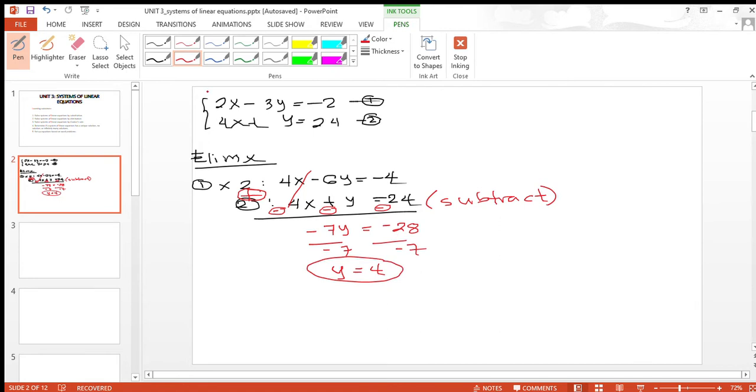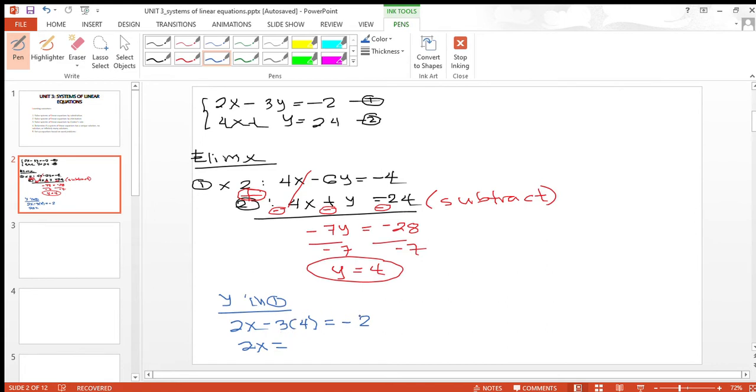And then, since we now have the value of y, positive 4, we substitute y, let's say, in equation 1 to solve for x. We get 2x minus 3 times 4, the value of y, equals minus 2. And that will now be 2x minus 12 equals minus 2.